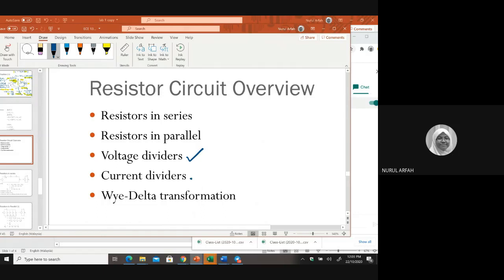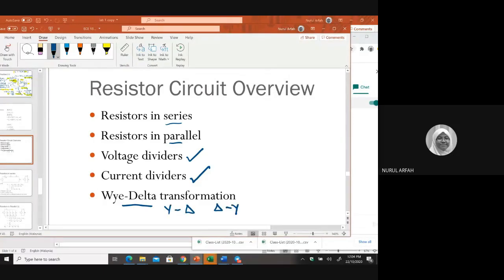If resistors are in parallel, you apply current divider. And if you have no series or parallel resistors in the configuration, then you apply Y delta transformation, sometimes Y to delta or delta to Y.